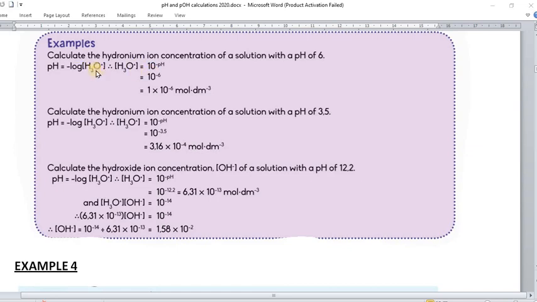Possibly you won't see this one, so you go straight, write this one, and then bring this one so that you get the full marks there. Substituting, you are getting your answer. The next one, the pH has been given as 3.5. Establishing your formula for a mark there. Substituting, you are getting your answer.